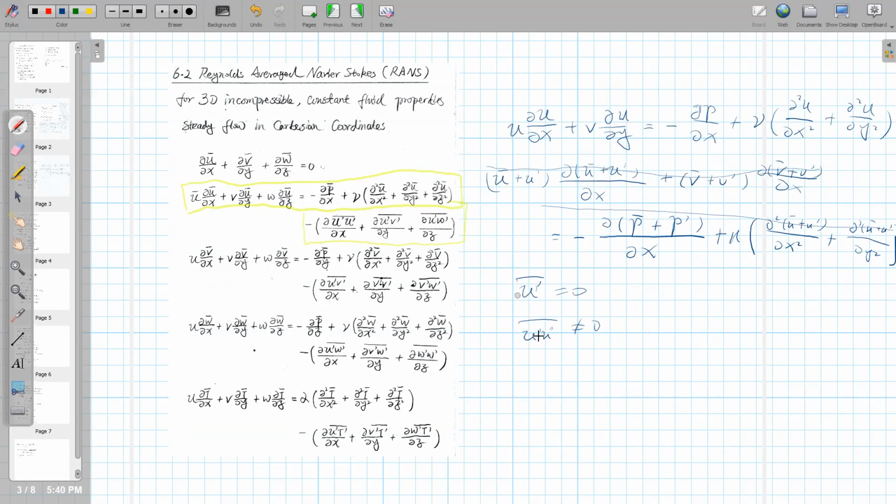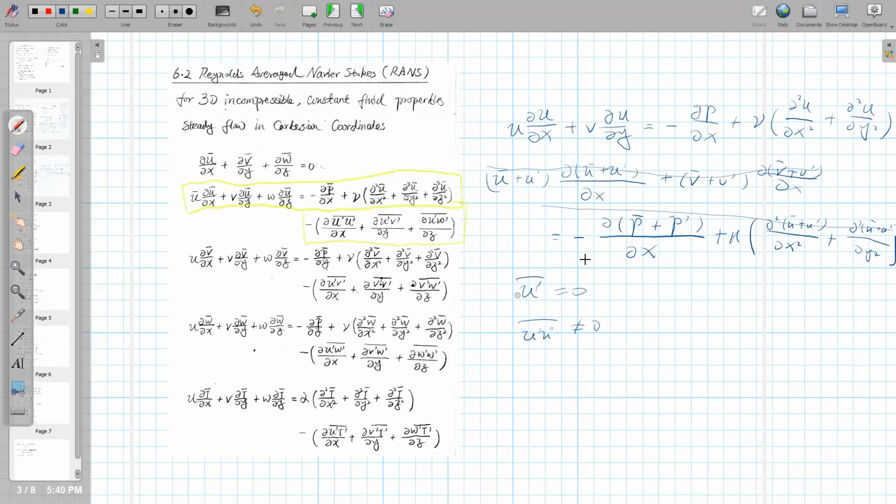They are correlated. If you took a statistics class before, you know it won't be 0 for these random quantities. These additional terms, the random correlation terms, we call the Reynolds stress.